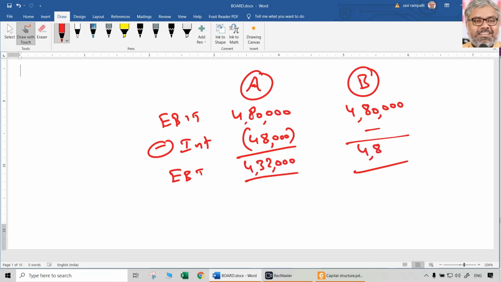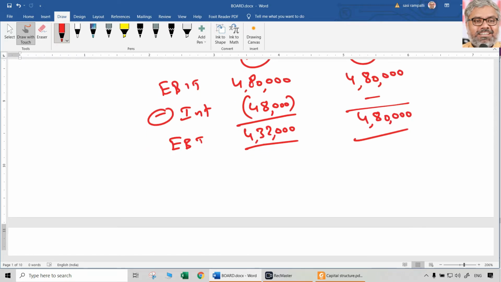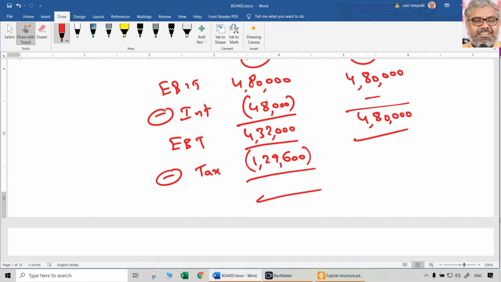Plan B, same 4,80,000. That is earnings before tax. Deduct tax. What is the tax rate given? 30%. So 4,32,000 into 30% means 1,29,600.